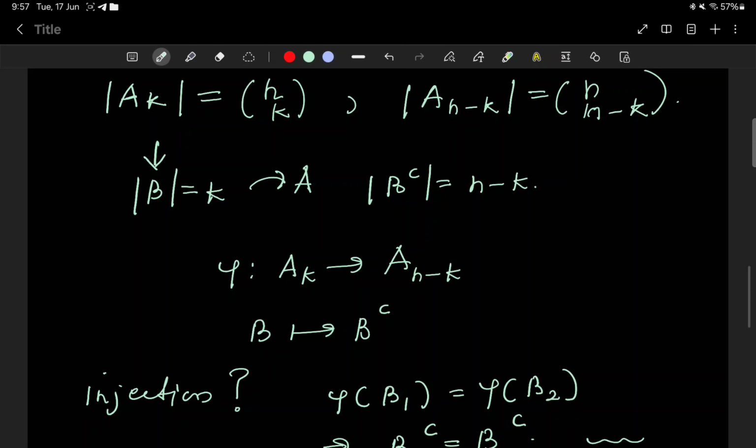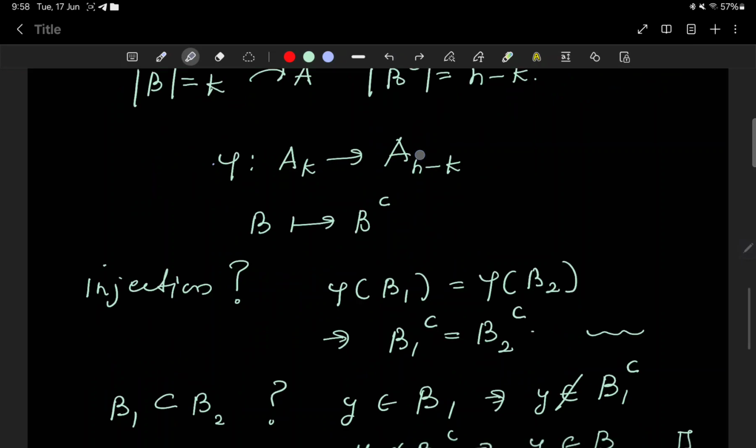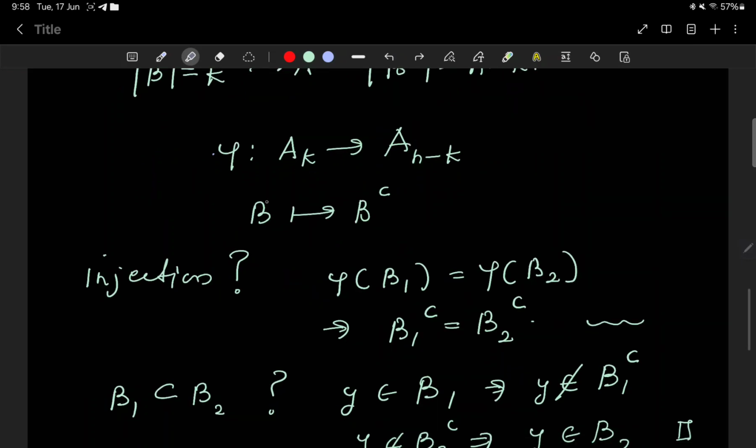So using this, I construct a function phi from A_k to A_(n minus k) in this fashion: a set B from A_k goes to B complement. Definitely B complement belongs to A_(n minus k) because it contains n minus k elements.